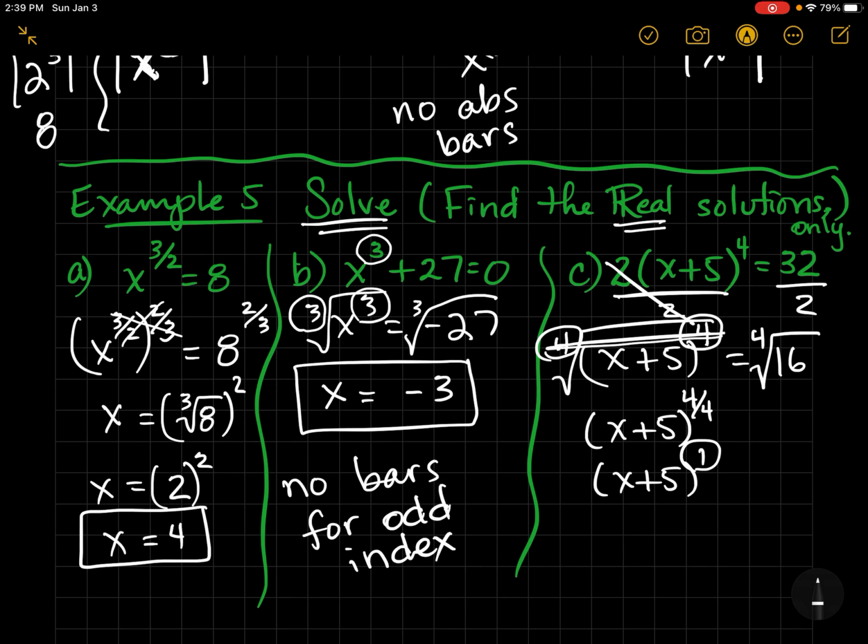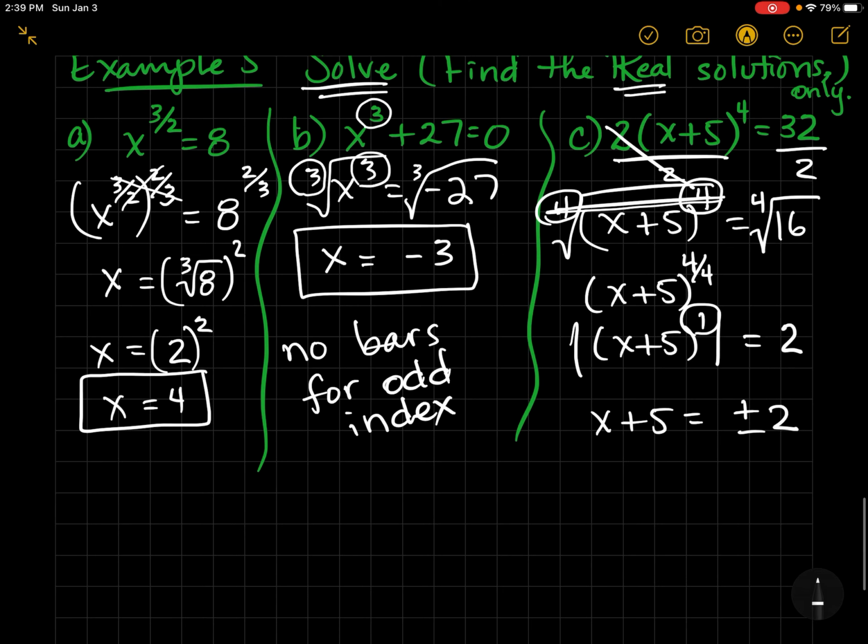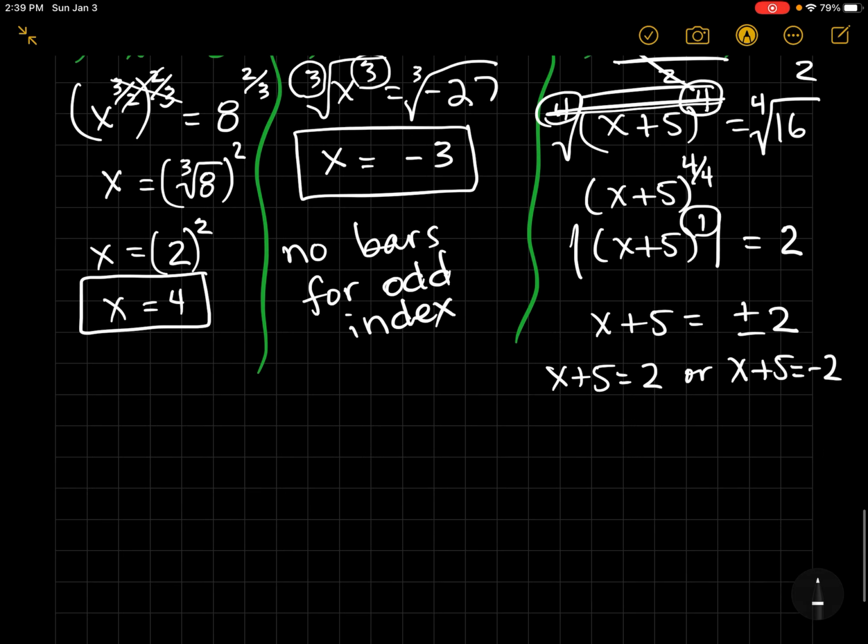It's the same as canceling it out, but you have to put the bars or you won't get the right answer. And remember, what do you do when you remove the bars? You make the other side plus or minus. And so now I do an equation with the plus sign, or I do an equation with the minus sign. I do both. Okay?